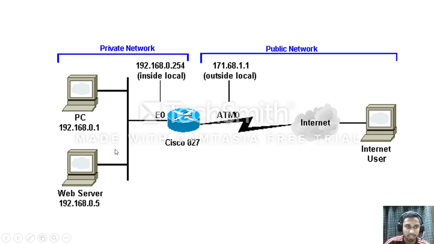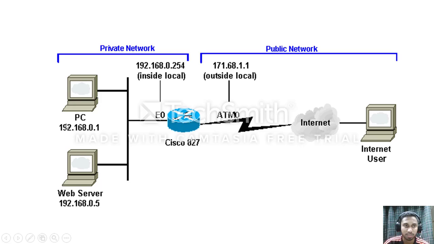This will move all the way to the router, and the router will realize that here the IP address and here it's different. Here is 192.168.0.1, whereas here is 171.68.1.1. So the router will change the IP address accordingly to the public network IP address.